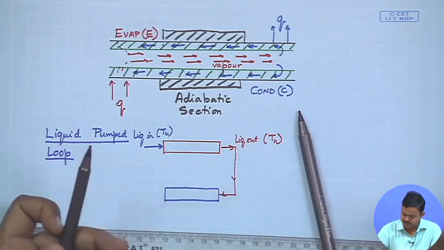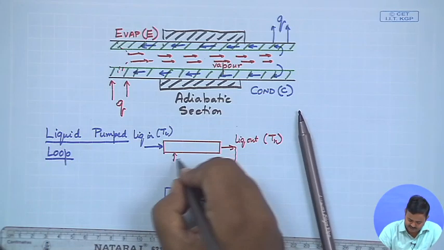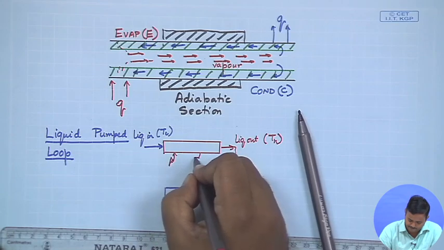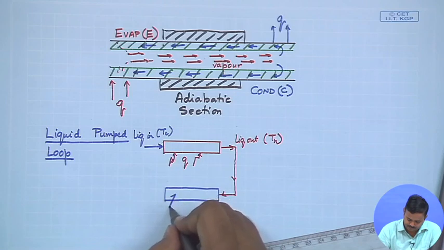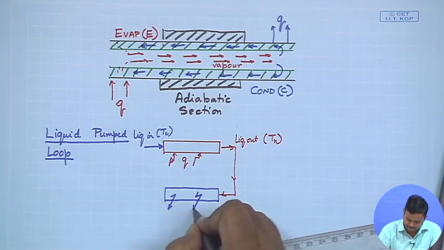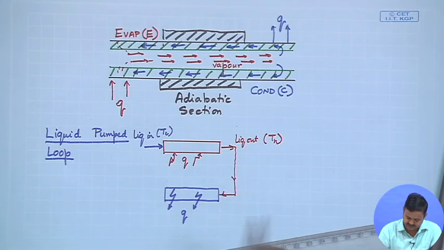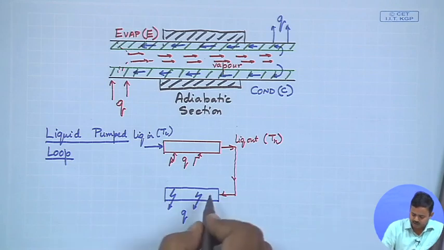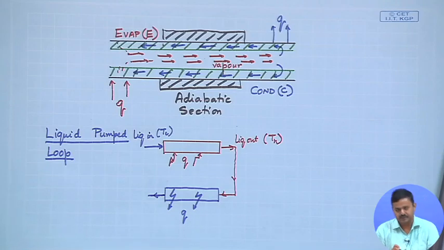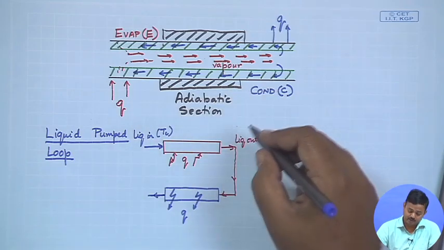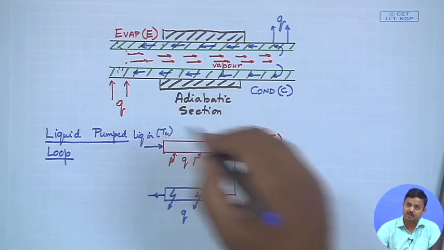Over here there was heat addition, and over here there is heat rejection. The hot liquid cools down and comes out as cold liquid, but then you have to send it back, because this is a closed loop.